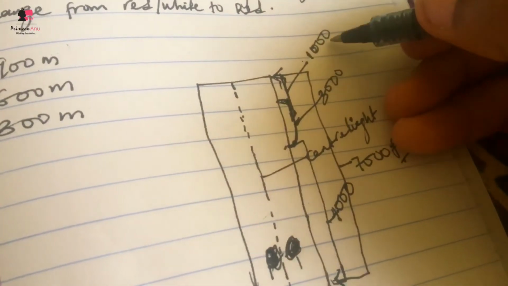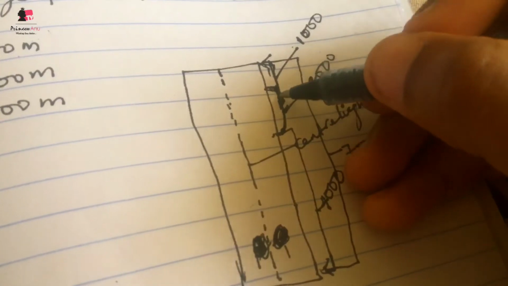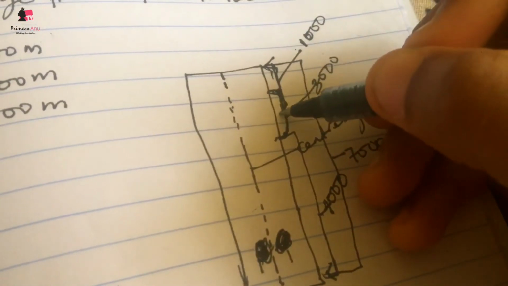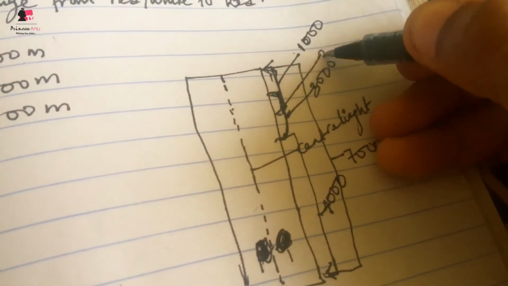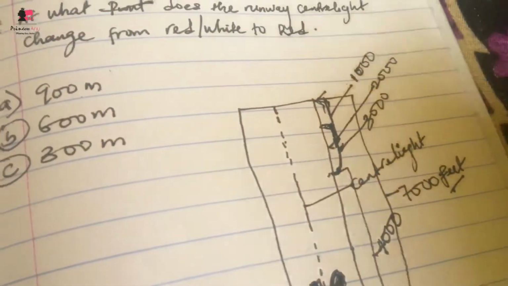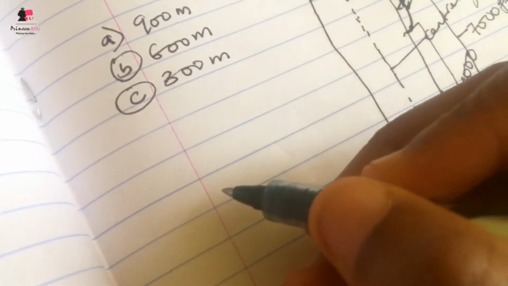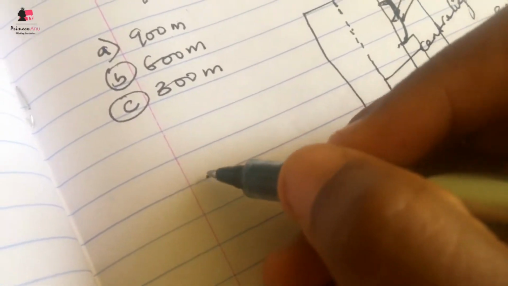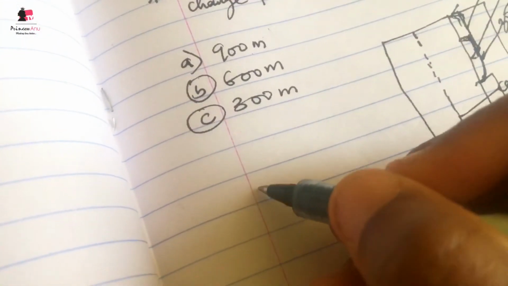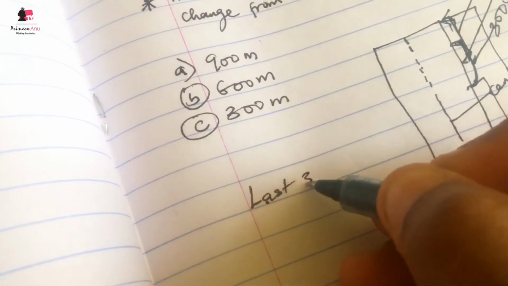So I try to demarcate the 3,000 feet into 1,000 and 2,000 feet, because there are some things I want you to note about this last 3,000 feet, the last 2,000 and the last 1,000 feet.